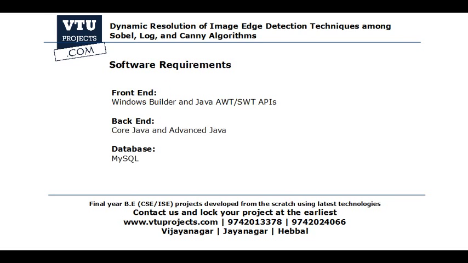Coming to the software requirements, I'm going to show you the detailed technologies we are going to use in our project. We are going to use some technologies in the front end, some in the back end, and some on the database side. For storing data we are going to use MySQL, for implementing the back end we are going to use core Java and advanced Java, and for implementing the front end we are going to use Windows Builder and Java AWT and SWT APIs.